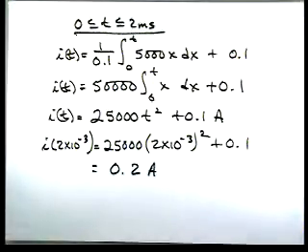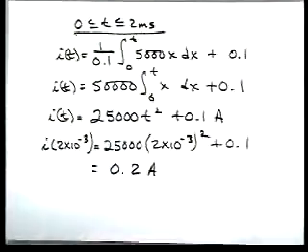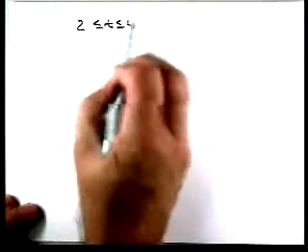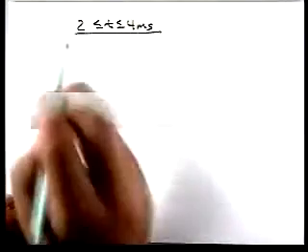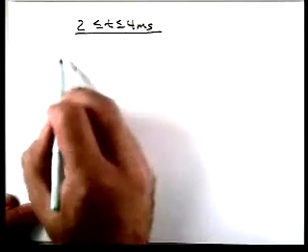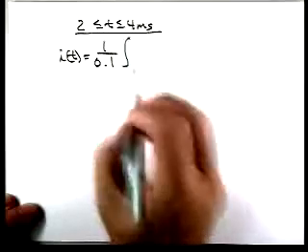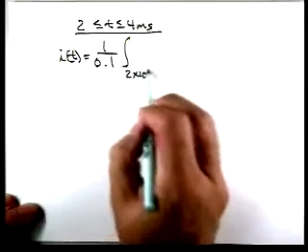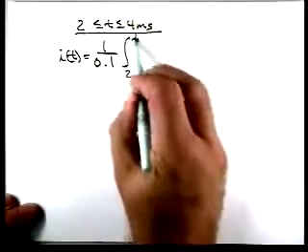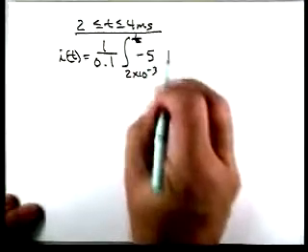Now, if we look back at our waveform, from 2 to 4, the voltage is constant at -5. To calculate the current waveform, we'll again use 1 over L, integral of v of t dt plus initial value. So we have 1 over 0.1. Now our interval starts at 2 milliseconds, and the voltage is -5 dx.